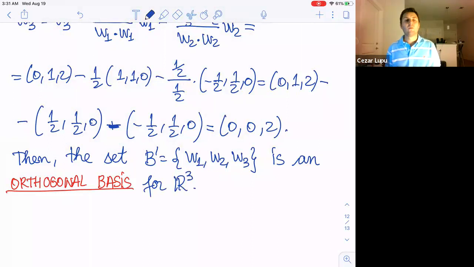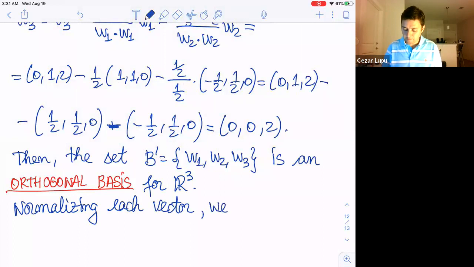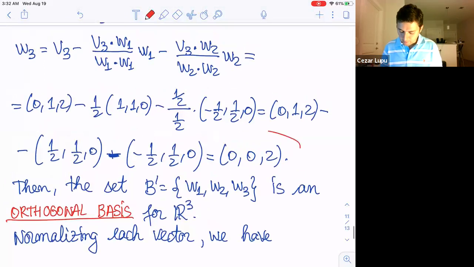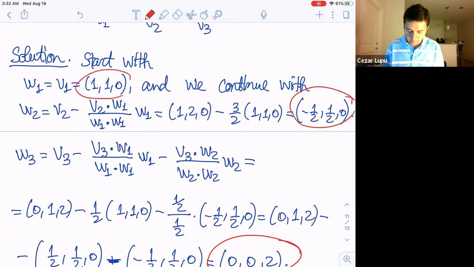And now we want to normalize each vector we have. So this is W3, W2 is this guy, and W1 is this guy.